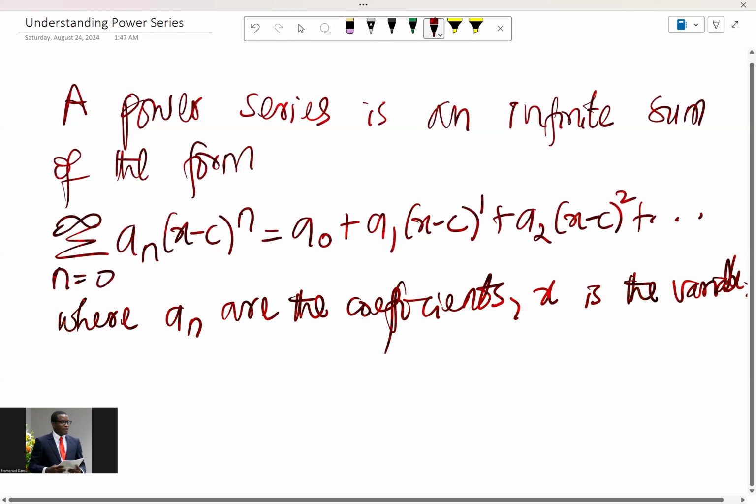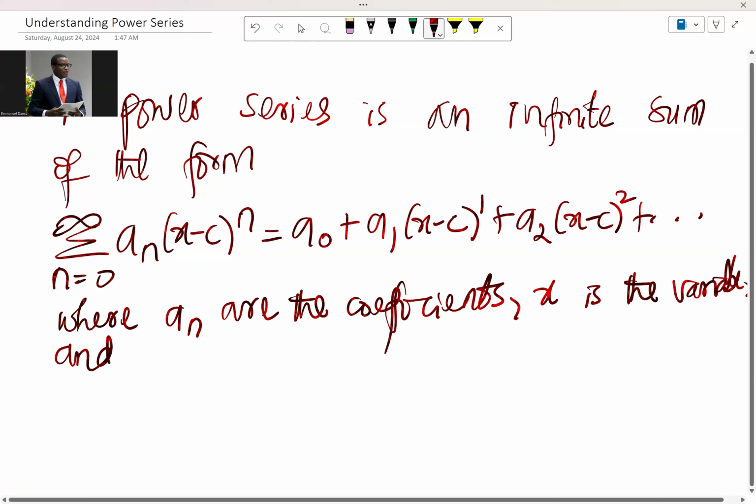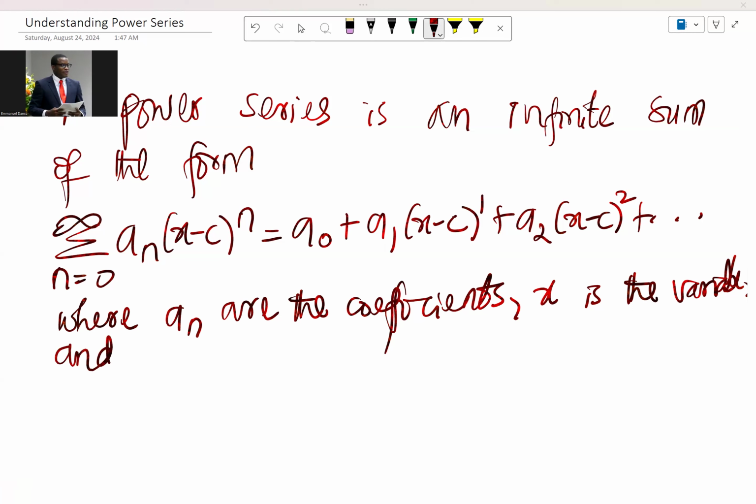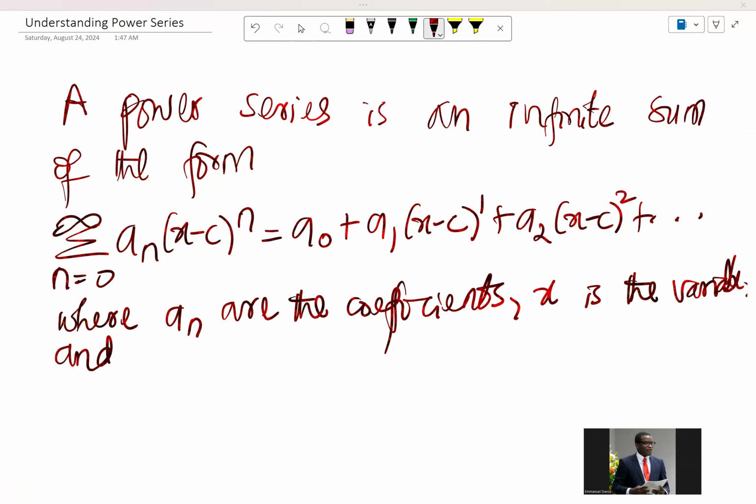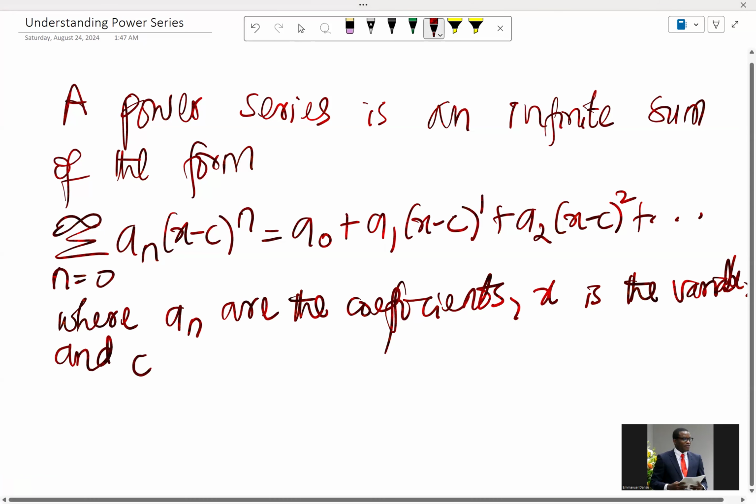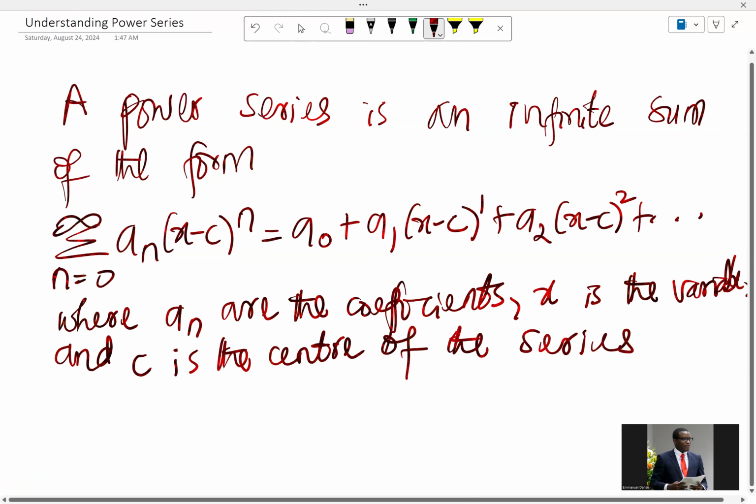That is like the main thing around which everything is happening. Then we have c. C is also important. C is the center of the series.